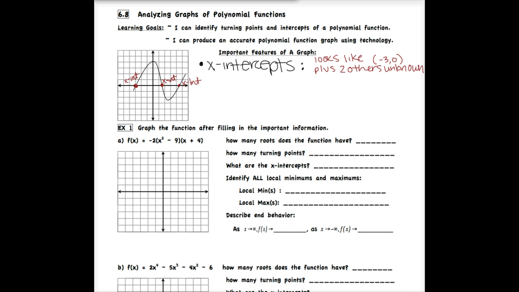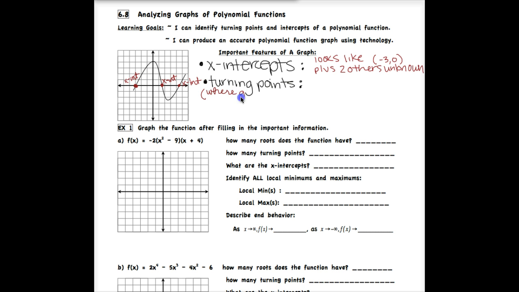Other important features of a graph, other than the x-intercepts, are what are called turning points. And we haven't used that vocabulary yet, but we have done this type of identification before, because a turning point is just where the graph changes direction.